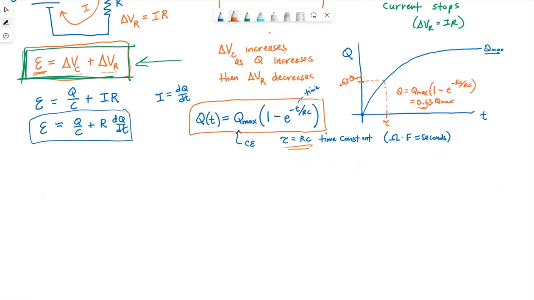We could also write equations, for example, because the charge is changing with time, the potential difference across the capacitor is going to change with time. We could write that delta V across the capacitor as a function of time. I'm going to put in C times epsilon for Q max.